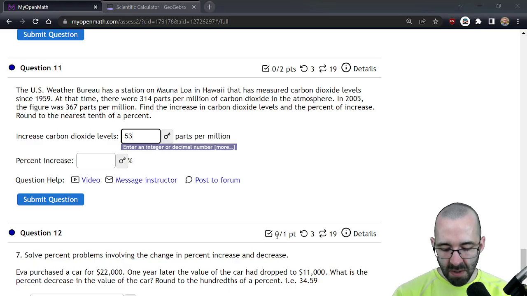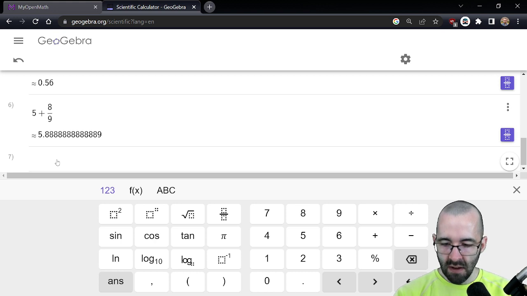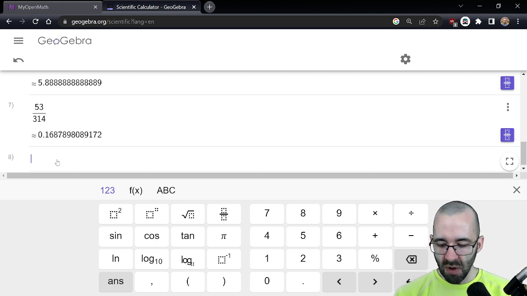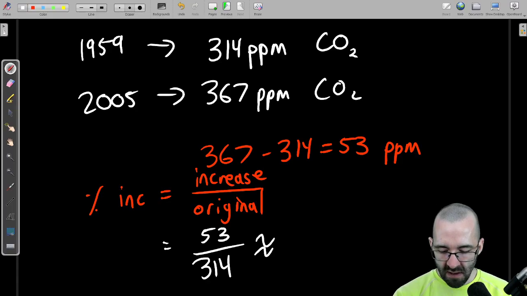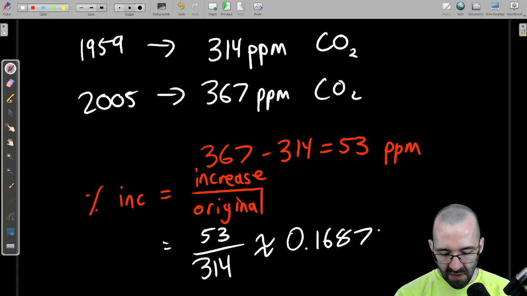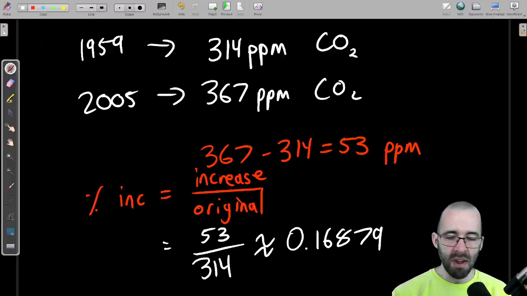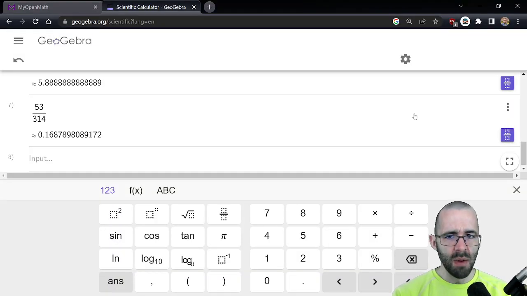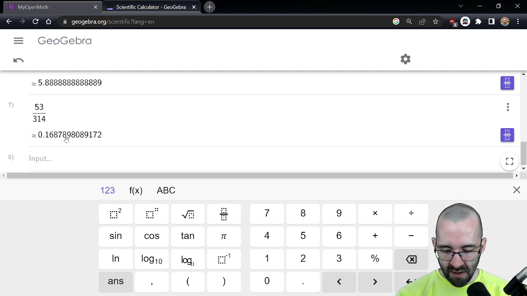So what is this number as a percent? 53 divided by 314 is 0.16879. We'll round a little bit. We eventually need to round a different way, but let's just put more decimal places than we need to start. Again, I'm rounding this 8 to a 9 because the value after that is big.